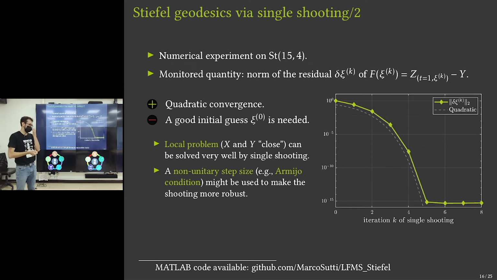But one could introduce a parameter to scale it, a non-unitary step size, so you can use some kind of Armijo condition or Goldstein condition that are usually used in optimization methods, like in steepest descent, to make the shooting more robust.